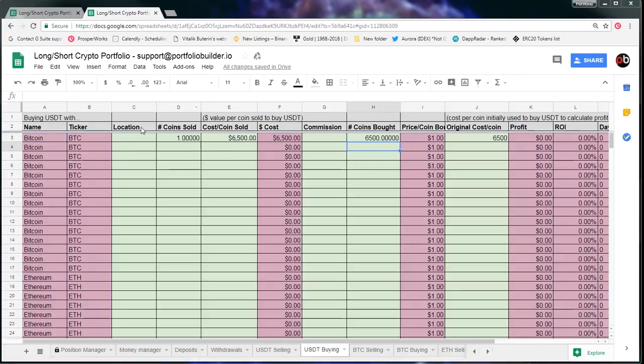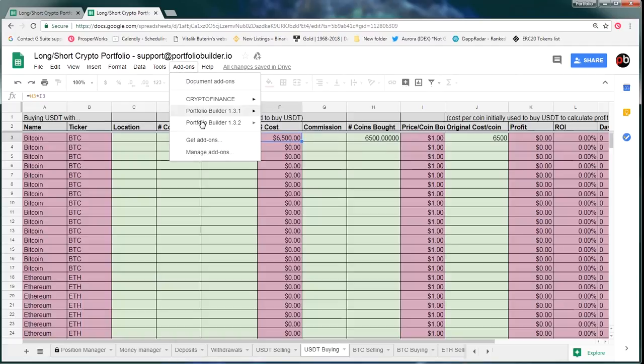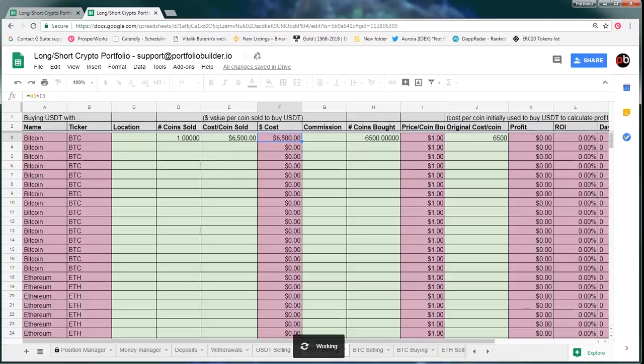And so we sold 1 Bitcoin for $6,500 for a cost of $6,500. Now I can trigger an update to make this account into the rest of the system.